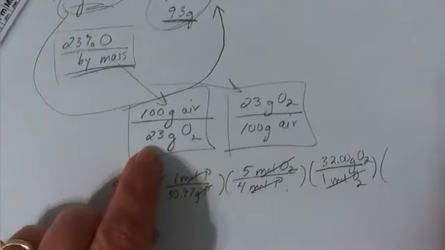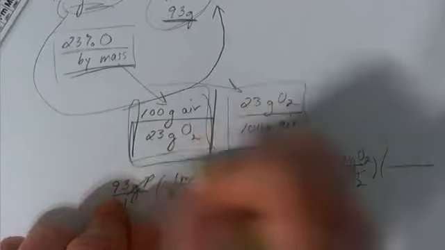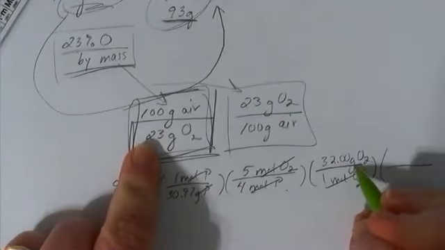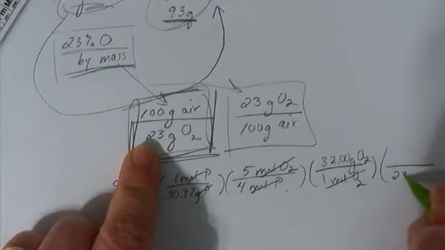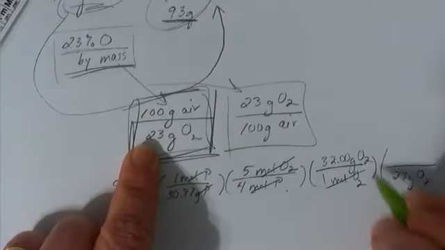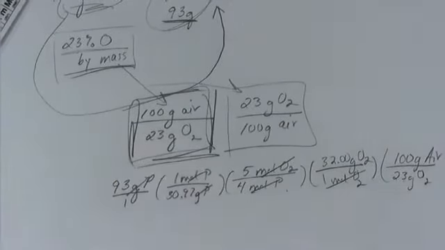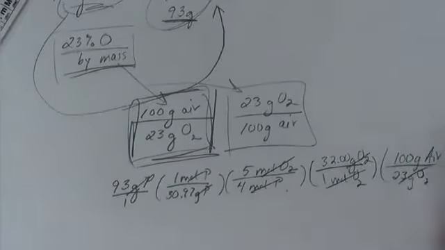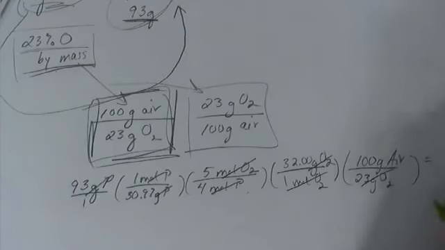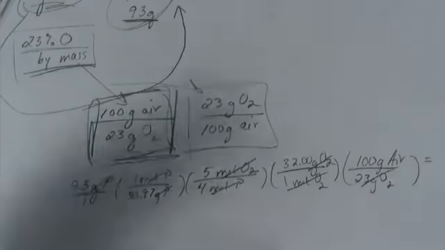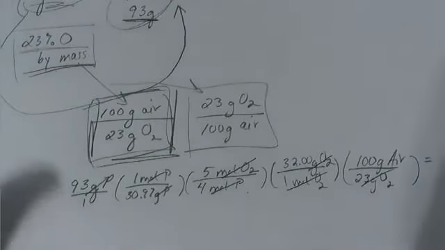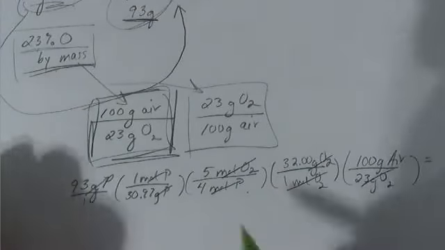So I'm going to use this setup because look, if I put the 23 grams of oxygen in the denominator and then 100 grams of air on top, that cancels grams of oxygen, and then I'll be left with grams of air, which is what I need for my answer. So look at that.